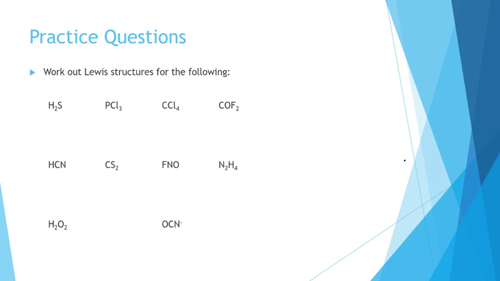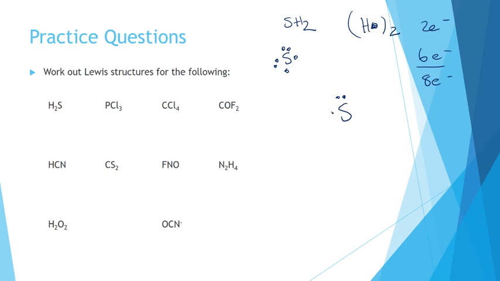So if we look at hydrogen, if we're going to do SH2, hydrogen has 1 electron that it can donate, and we've got 2 of those, so we've got 2 electrons from the hydrogen. And then sulfur will have 1, 2, 3, 4, 5, 6, much like oxygen. So we've got 6 from the sulfur, which means we've got 8 electrons in total that we need to put around our different atoms. So if we look at this, we can put the sulfur in the middle.